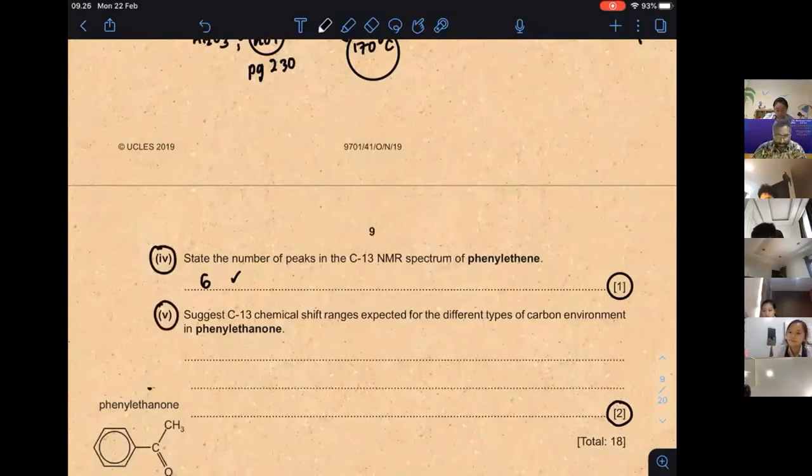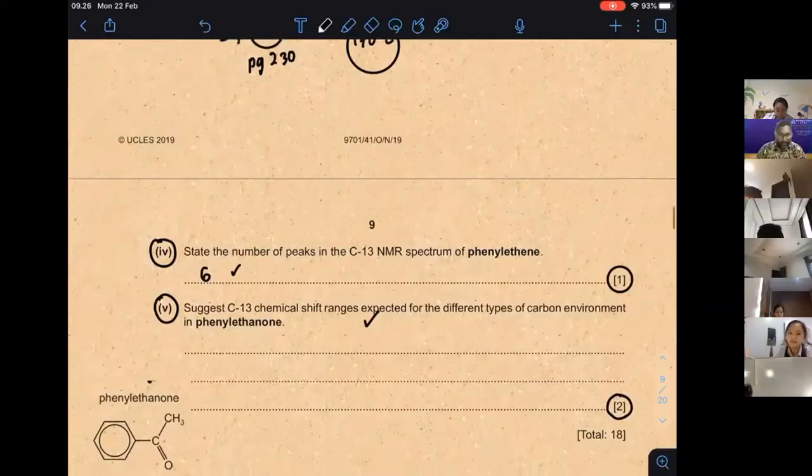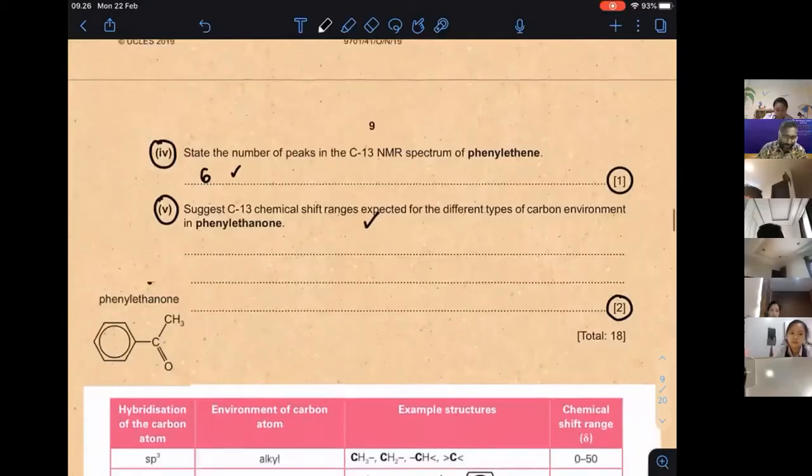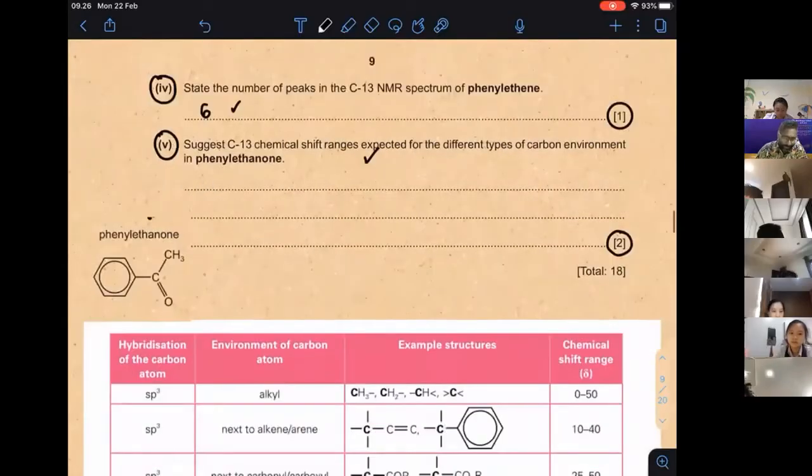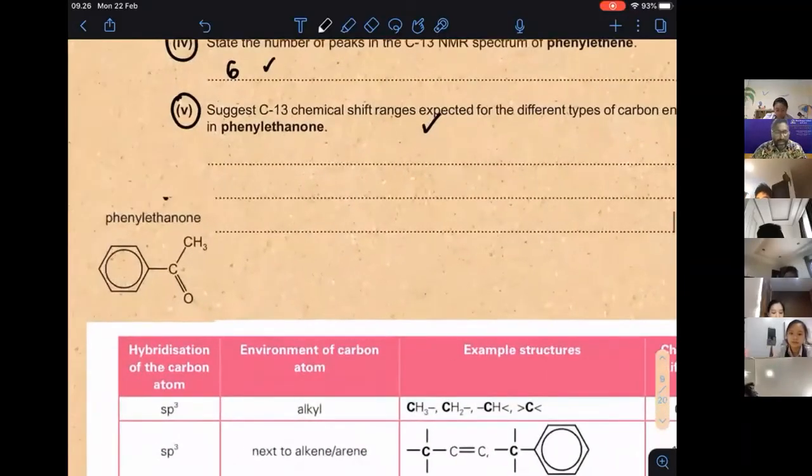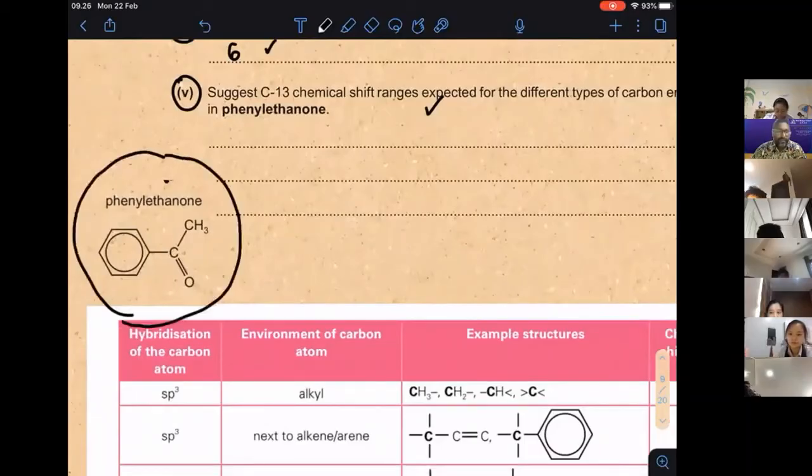They say here, 2 marks question, suggest the carbon-13 chemical shift ranges expected for different types of carbon environment in phenylethanol. So I took the phenylethanol and put it over here. Here I have a few carbon environments. What are the carbon environments? Maybe this one.